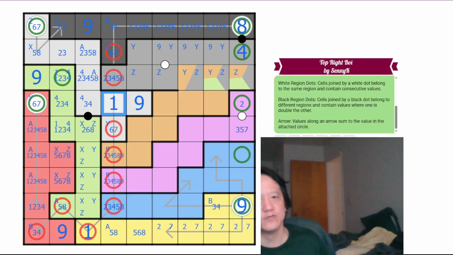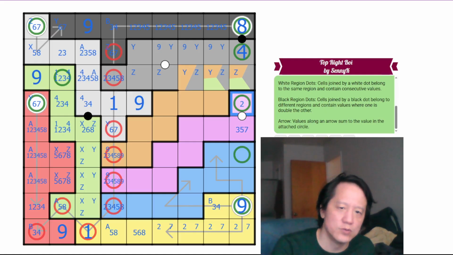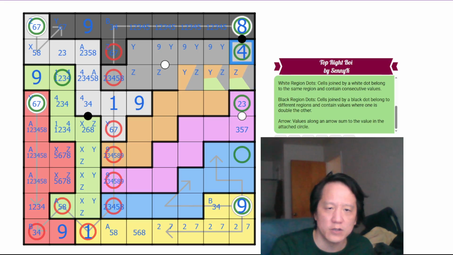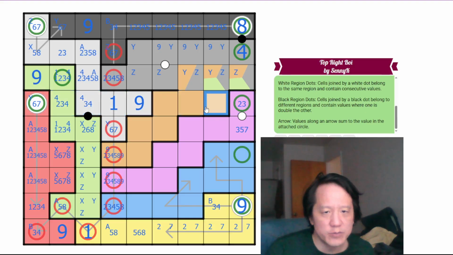Cannot be 1 because of 1 in the row. 5 could get to 2 doubled or 3 doubled. 7 could get to 6 or 8, which is 3 doubled or 4 doubled, but we can't have 4 because of 4 in the column. So now we have a 2, 3, 4 triplet in row 4, which eliminates 2, 3, 4 in the rest of the row.